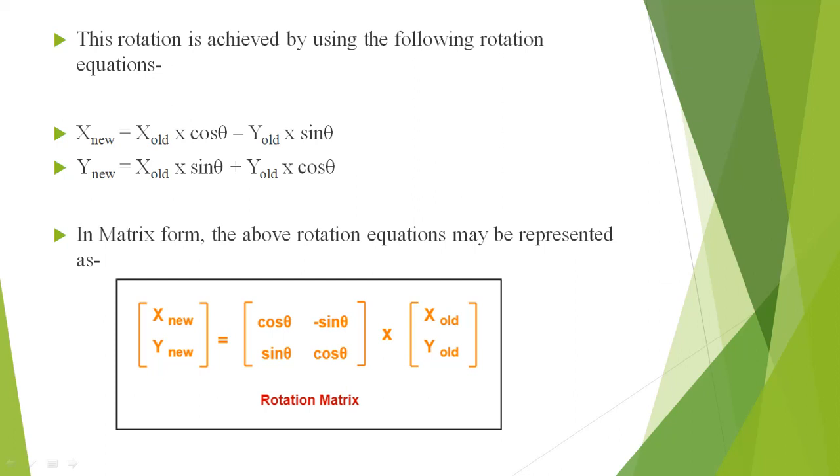We can also calculate this using a matrix. In matrix form, the above rotation equation may be represented as [x new, y new] equals [cos theta, minus sin theta; sin theta, cos theta] into [x old, y old]. So this is the matrix representation for the rotation transformation.